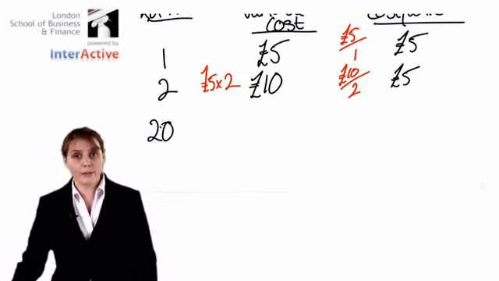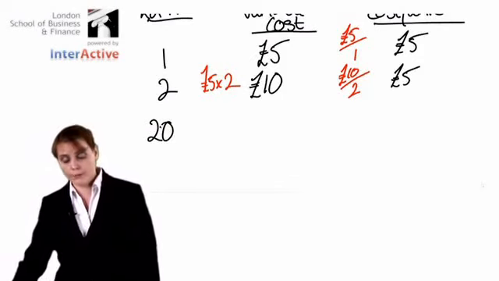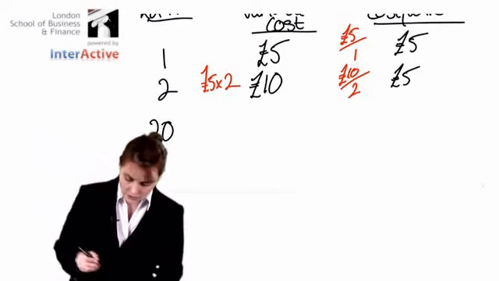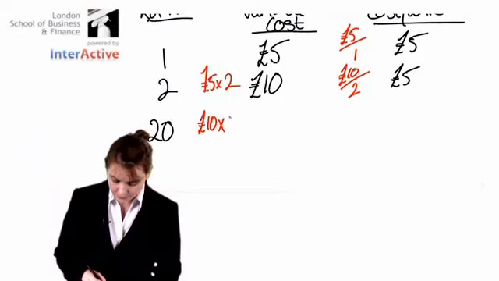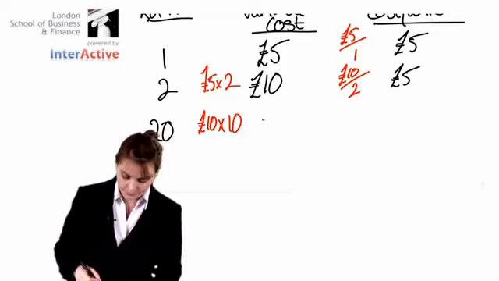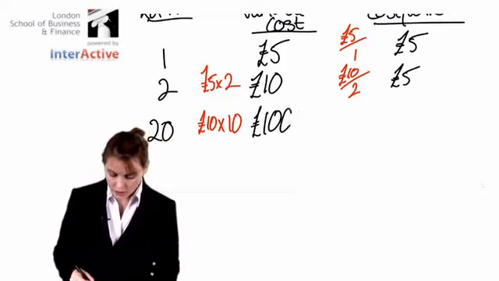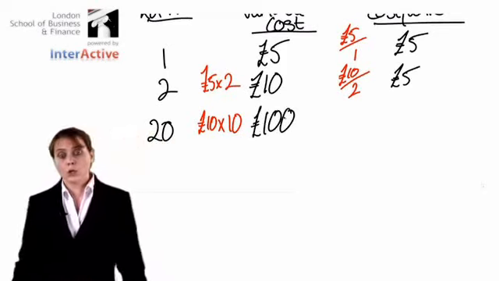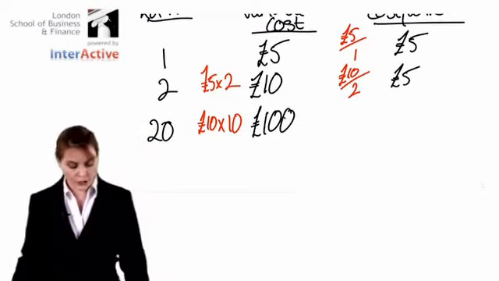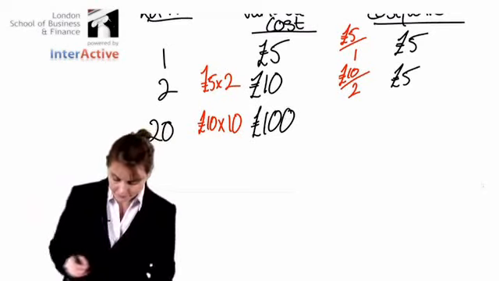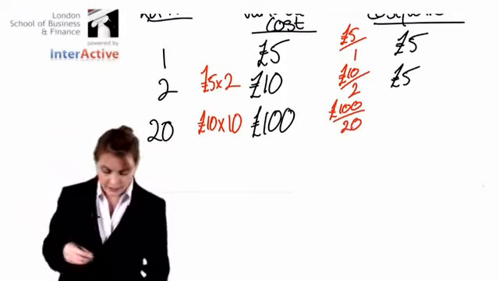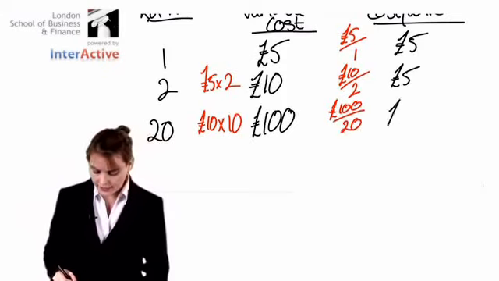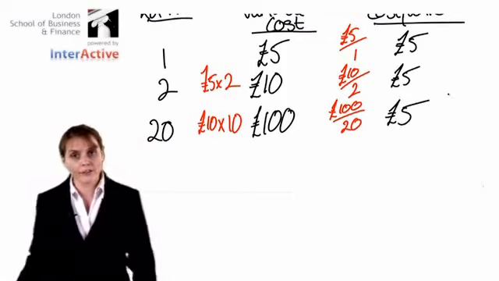So our total variable costs will also multiply by 10. So now our total variable costs will be 10 by 10, so 100. What will our variable cost per unit be? Total variable costs divided by the number of units, 20, gives us 5.